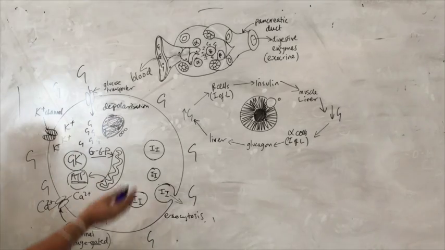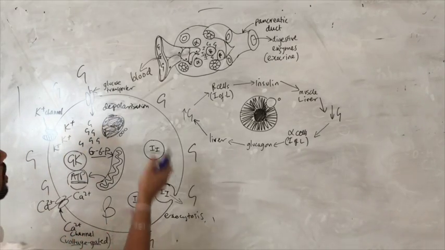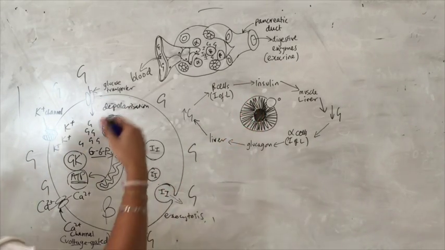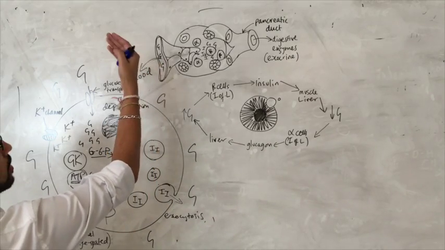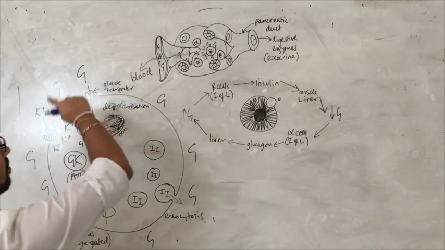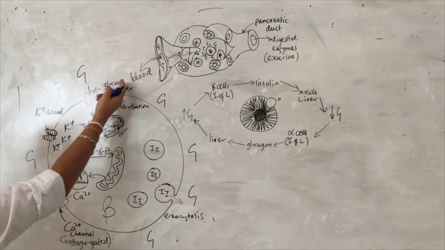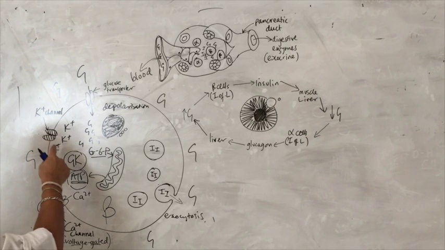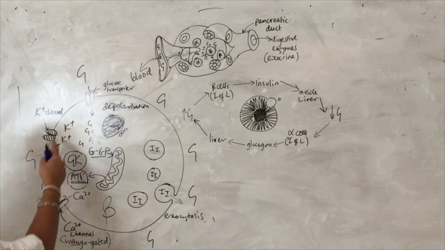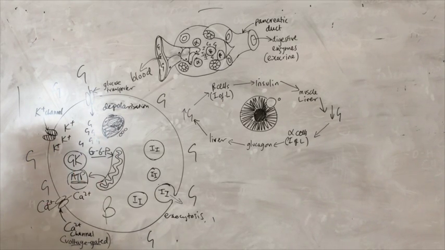So that sequence of events took us from having a meal, high levels of glucose in the capillary, glucose diffuses out, surrounds the beta cell. Glucose enters the cell thanks to the glucose transporter, gets phosphorylated, and in doing so generates lots of ATP via aerobic respiration.